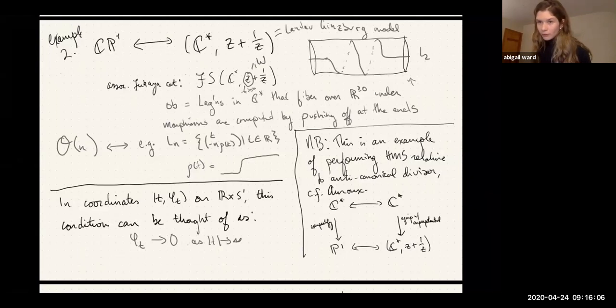One remark I want to make is that this is a baby example of the philosophy of performing HMS in the complement of an anti-canonical divisor. The full power of this you can see in this paper of Auroux of the same title.